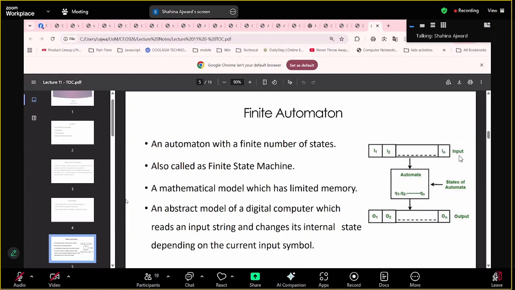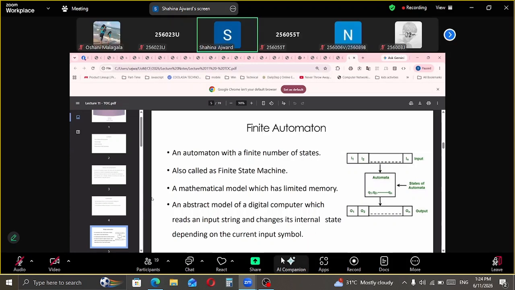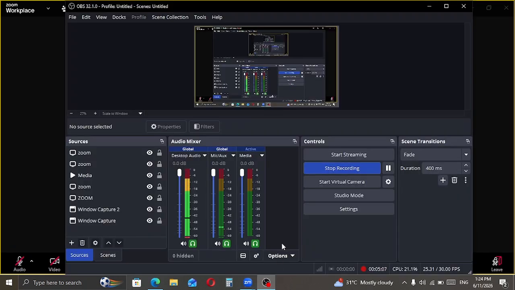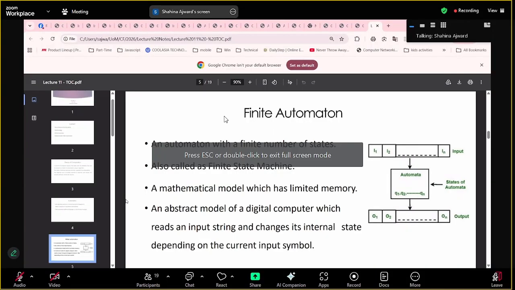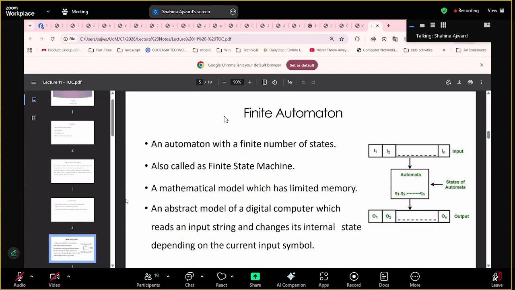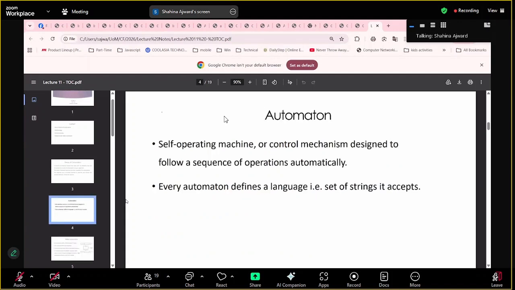Now we narrow down our studies to a specific area, because it's a large area that is very complex, so we can understand simpler things. From automata, we come to finite automata. Automata are self-operating machines that behave dynamically.